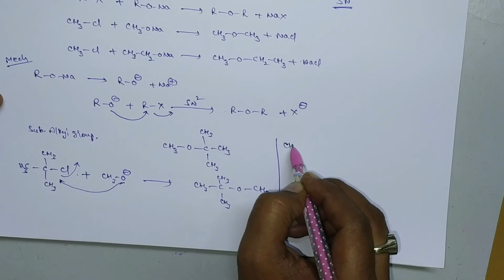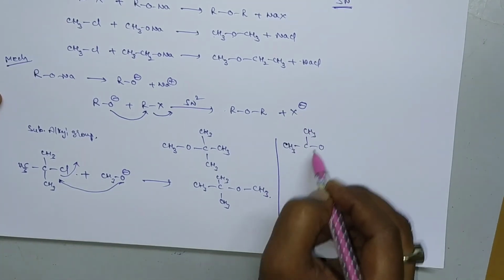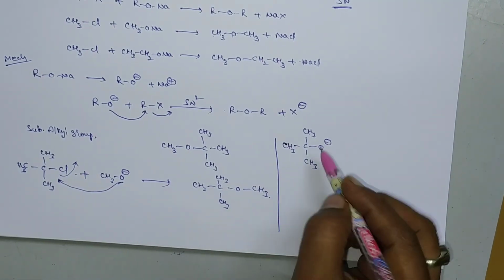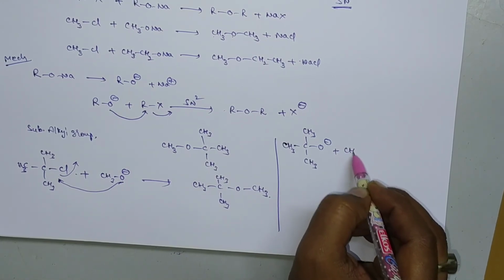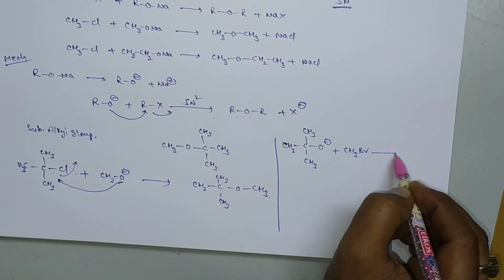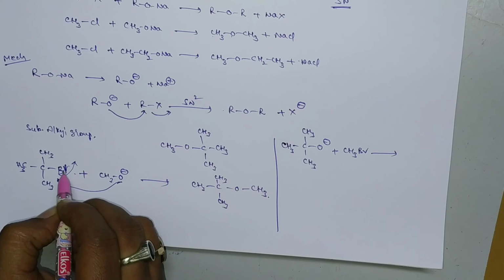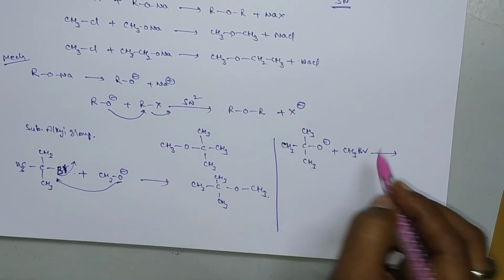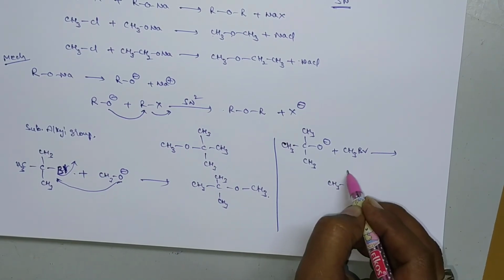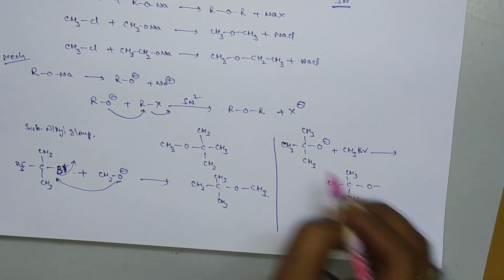In the other way, we take a primary alkyl halide, that is CH3Cl, and a tertiary alkoxide ion. This tertiary alkoxide ion reacts with the primary alkyl halide, CH3Br or CH3Cl, whichever we take.